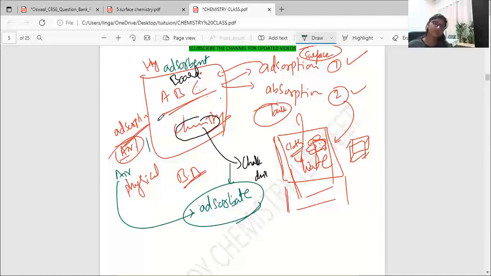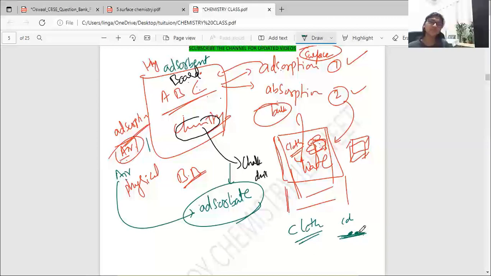Suppose, for example, a cloth is there, a colorful cloth with some design on it. Cloth means cotton fibers. On the cotton, some colorful design is there. Between the color and cotton, is it a chemical bond or a physical bond?